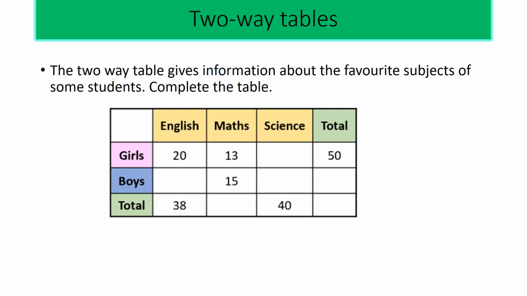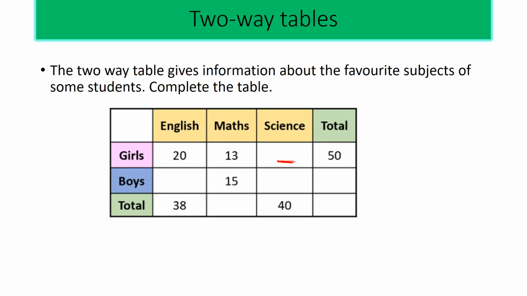So since we looked at the science, so science for girls, this is the value that we want to work out now. Now notice that the total for girls is 50.